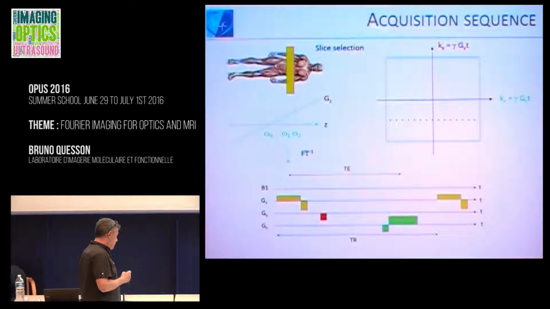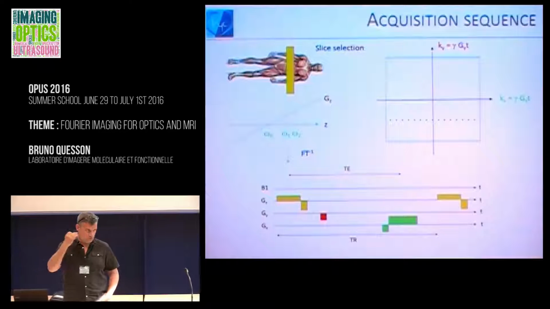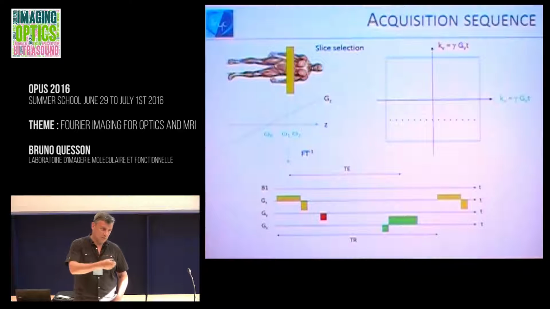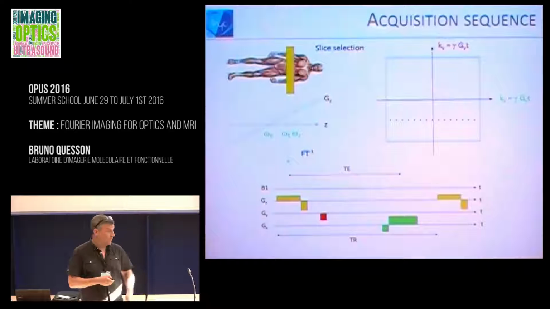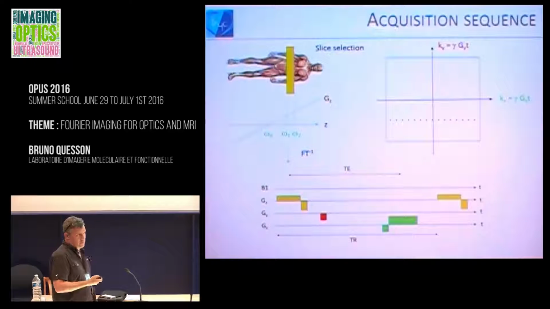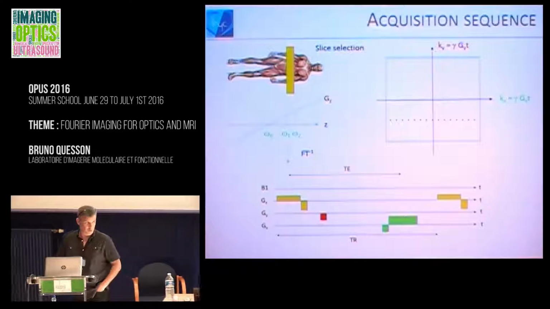You now have initiatives to have higher and higher magnets, mainly for brain imaging, with the idea that if you increase the magnetic field strength, you also increase the signal you can get. If you increase the signal, you can convert it into reducing the pixel size to get a better spatial resolution. And the spatial resolution depends on the gradient amplitude that you get. So it typically depends on your hardware and the amount of money you are able to put inside.